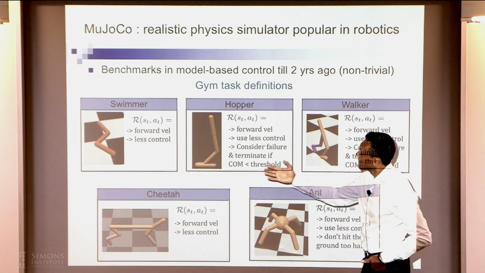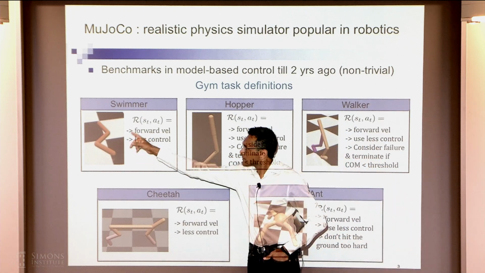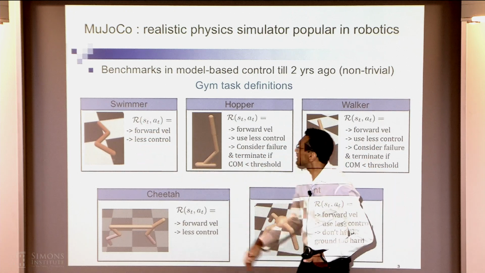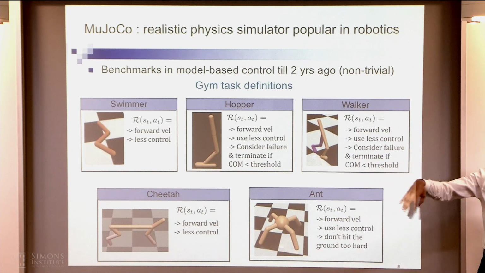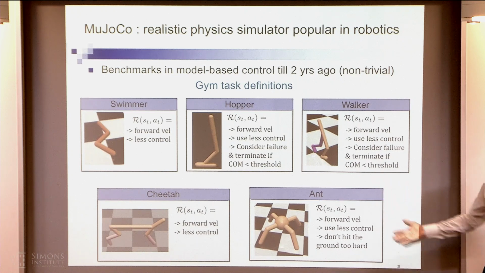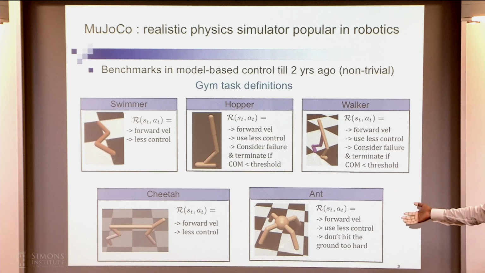These tasks include the swimmer task, where you have this object here and you want it to move like a snake, all the way up to this ant. It's just a four-legged walker, and you want it to run around. There are various cost functions. Typically, think about it as you want these things to move, stay upright, and do it fast. They're all pre-specified in the simulator.